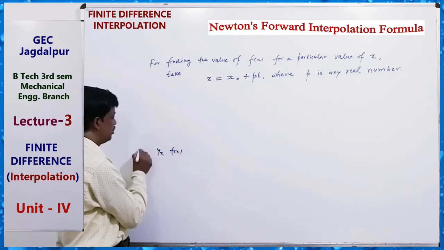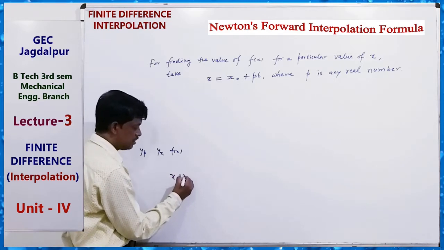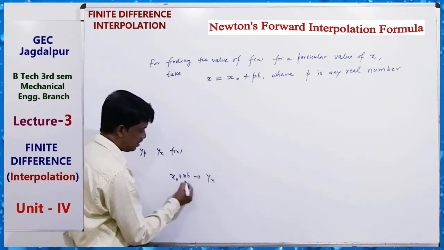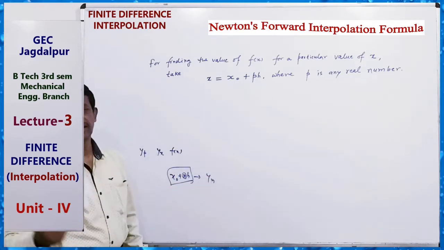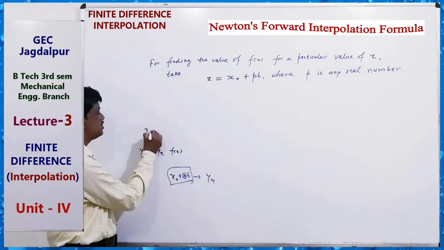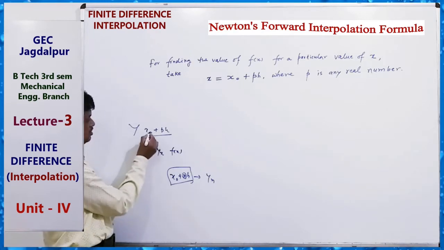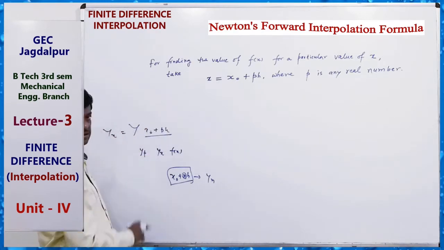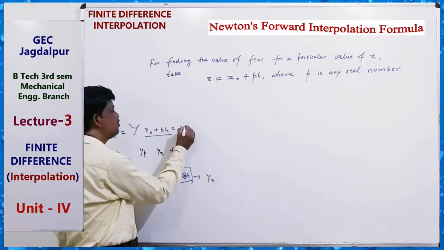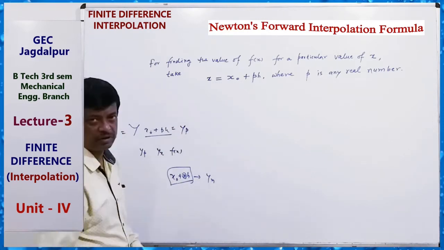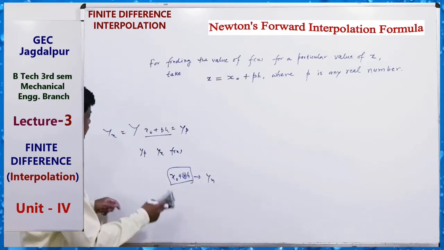We write x0 plus nh for the y value with the symbol n, so in place of this we write p. So x0 plus ph is x, so y(x) means y(x0 plus ph). It can also be written as y_p, where p is any real number. So we can write this or this or this. Anyway. Clear?